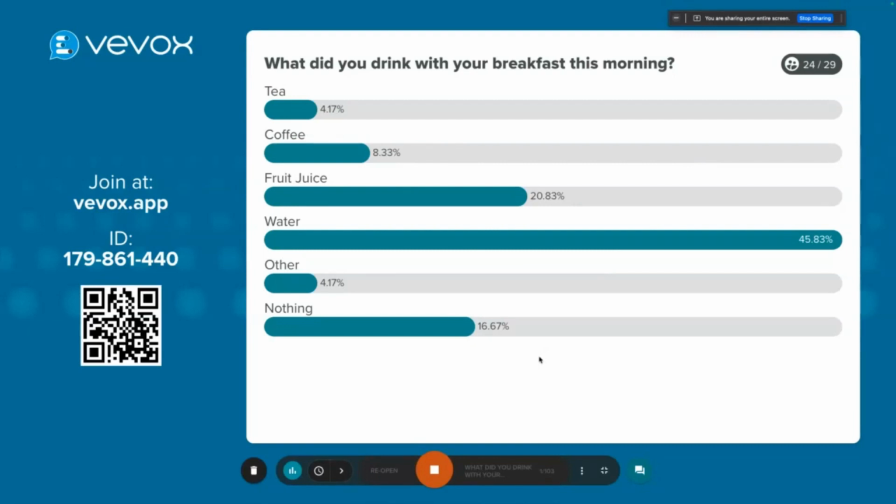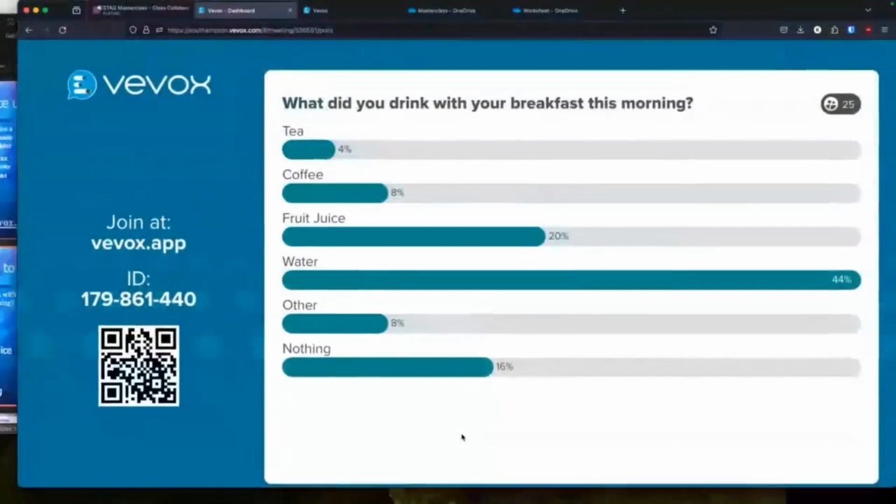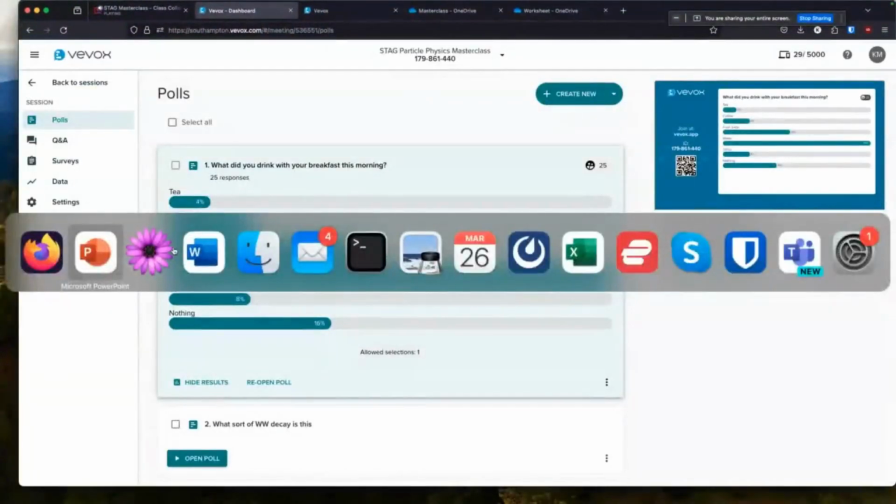I'm happy that this system is working, and there's enough of you that are able to answer. Again, just mention in the chat if you have any problems, or perhaps try with either your phone or the link in the chat on your computers. Either way is fine. I'm going to close this poll now and get back to some actual physics.